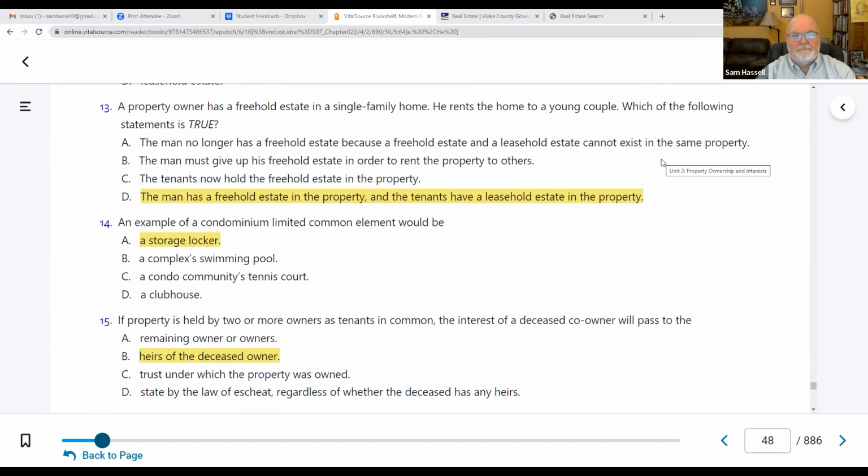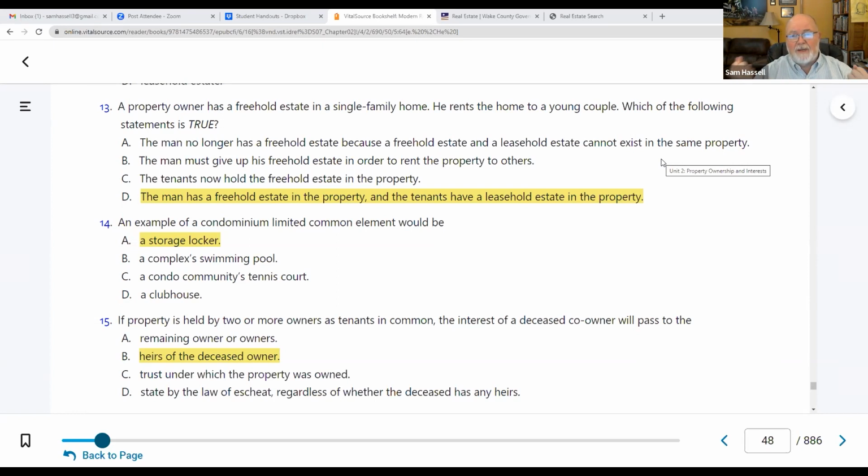Number 13. A property owner has a freehold estate in a single family home. He rents the home to a young couple. Which of the following statements is true? All right. The owner has a freehold estate in that property. He owns it. And the tenants have what's called a leasehold estate in that property.